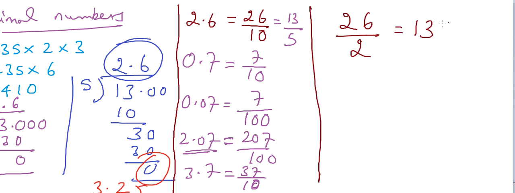This 13 can be treated as a decimal also. So 13 can be written as 13.0. So this is a terminating decimal, because it can be written as 13.0.